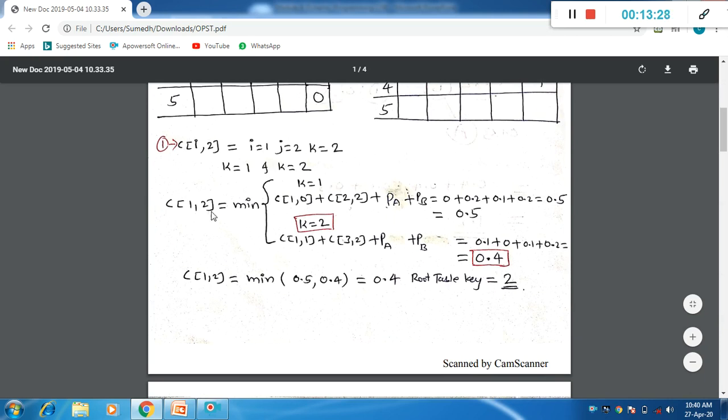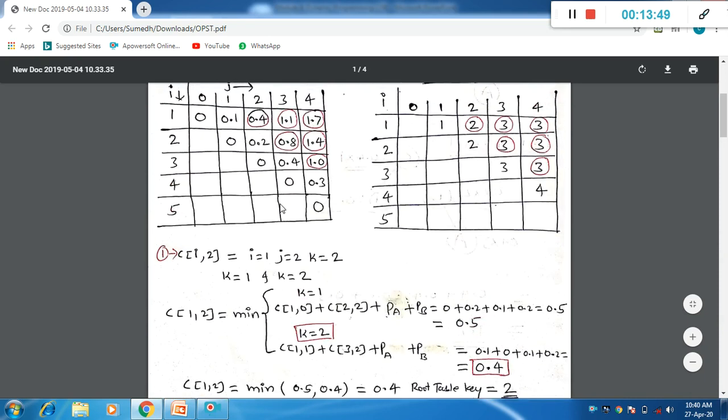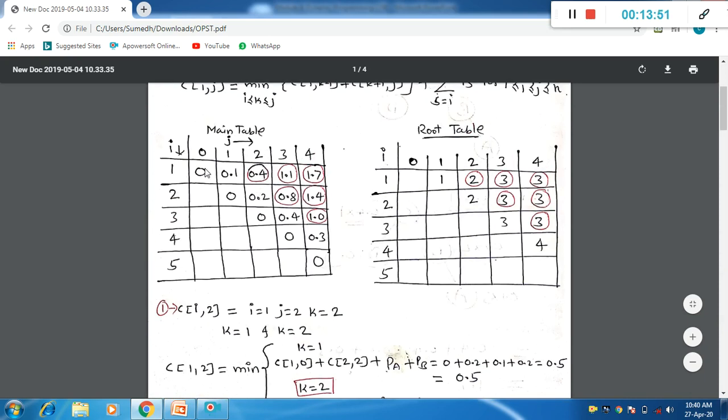That is, C of 1 by 2 is equal to the minimum of C of 1 comma K minus 1, which initially with K equal to 1 is 1 minus 1, that is 0, plus C of K plus 1, that is 1 plus 1 equals 2, comma J value 2, plus probability of A plus probability of B. What is the value of C of 1,0?